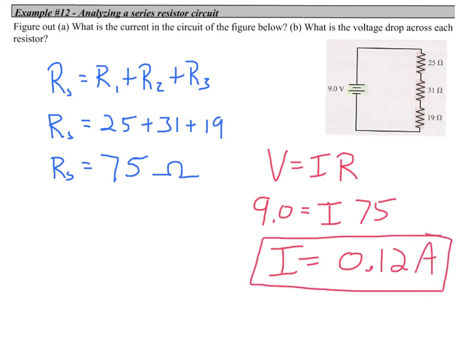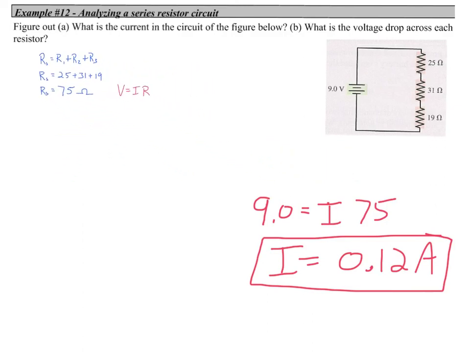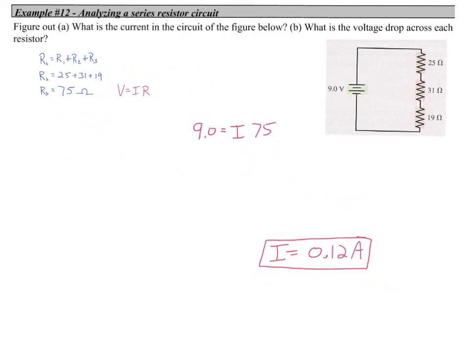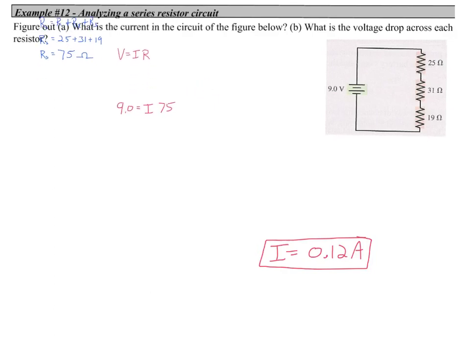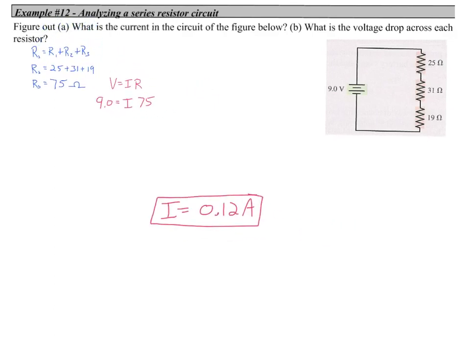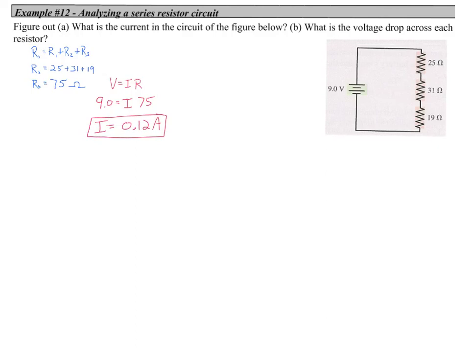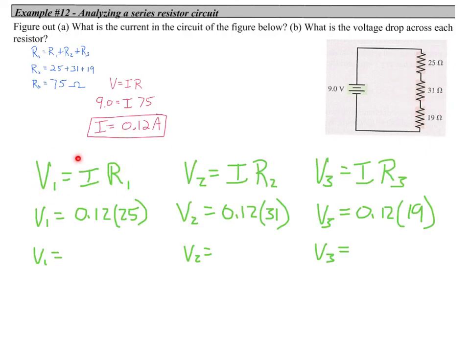Now, because this is a series circuit, that tells us that the current is the same across each one of those resistors. So each resistor experiences 0.12 amps of current. We can use that to figure out the voltage drop across each individual resistor. To do that, we apply Ohm's law individually to each resistor.